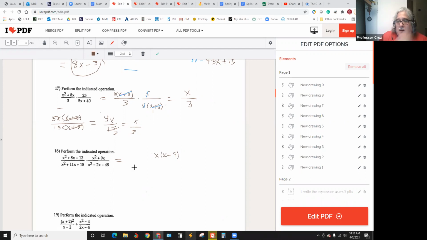All right, so which one of these is factorable by 9? Well, 12 is not. 48 is not. That's like 8 times 5. There's no 9. But this one is. So this is the one I'm going to pick on, and I'm going to use an x plus 9 down there.